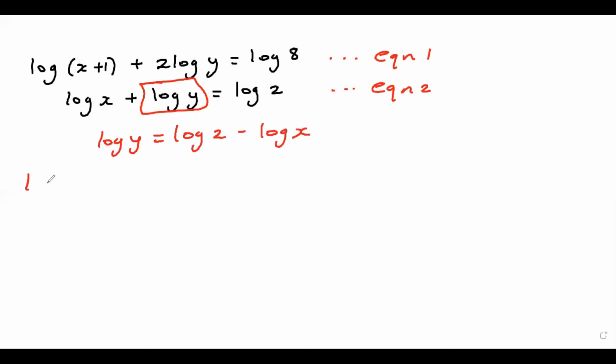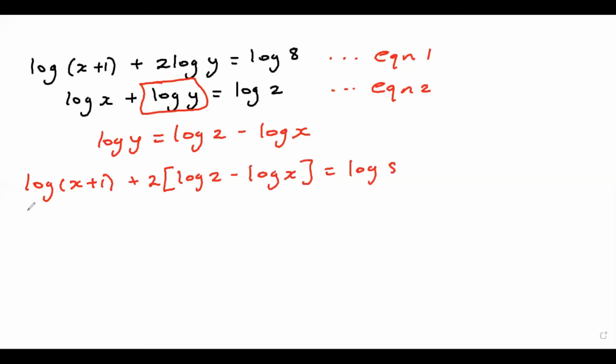So that's log (x + 1) plus 2 times (log 2 minus log x) equal to log 8. So that's log (x + 1).